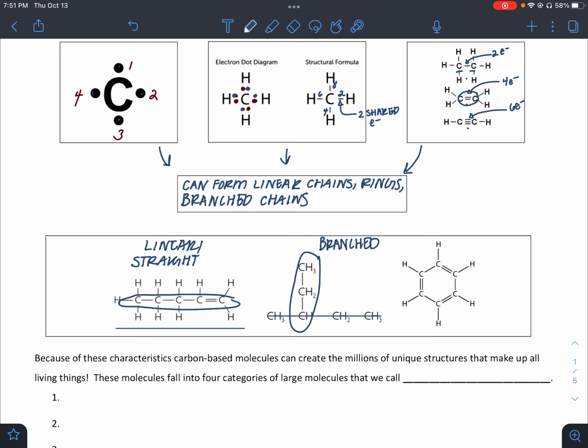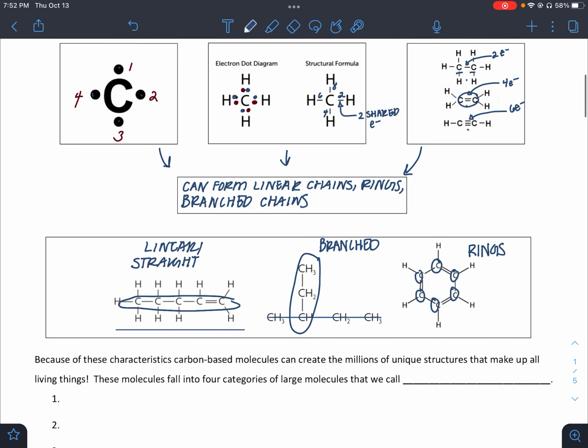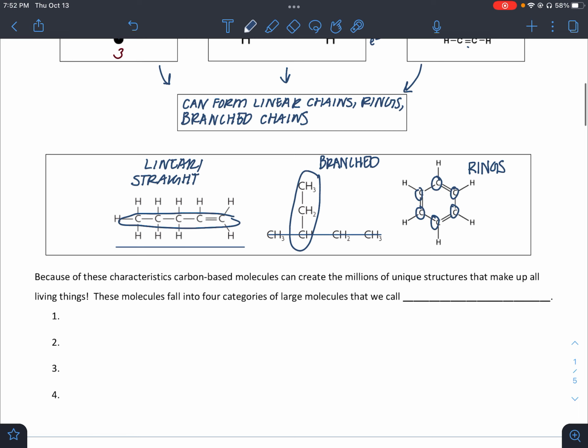All right, here we see that because carbon can form both double bonds and single bonds, it can form rings with that same carbon skeleton. So this is a huge variety of molecules that we can make just with carbon and hydrogen. Imagine the variety we can make when we start bonding carbons to things like oxygen, nitrogen, phosphorus, sulfur, and hydrogen.